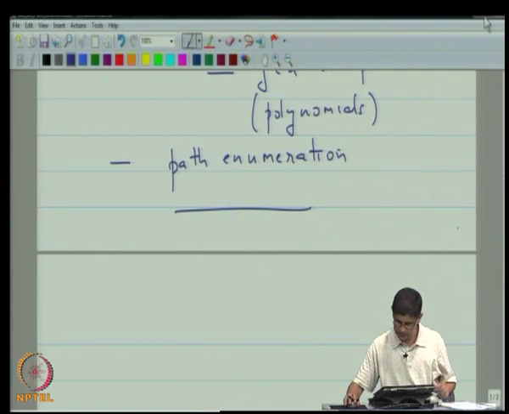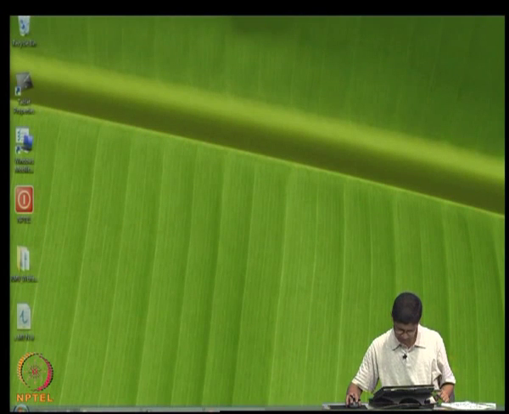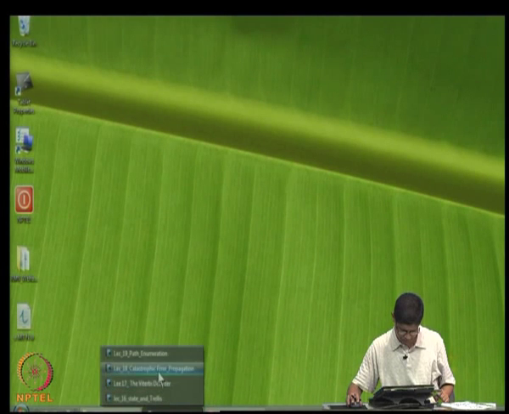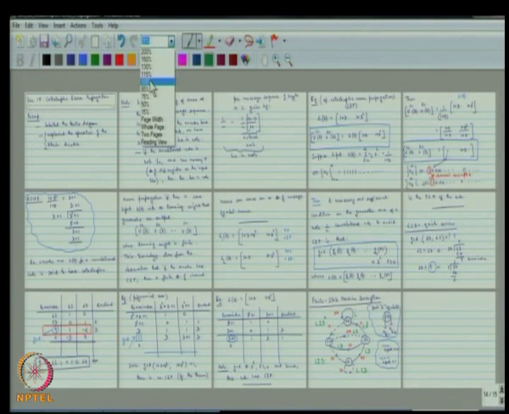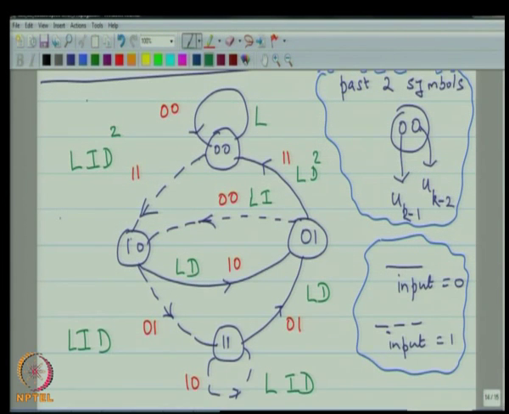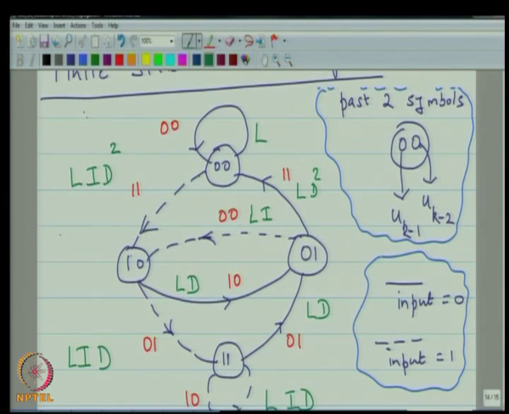So let us continue the discussion where we left it off last time. So I am going to go back and let us copy this page again here.